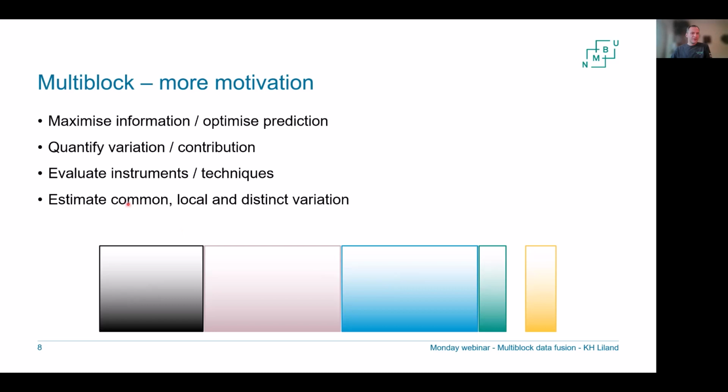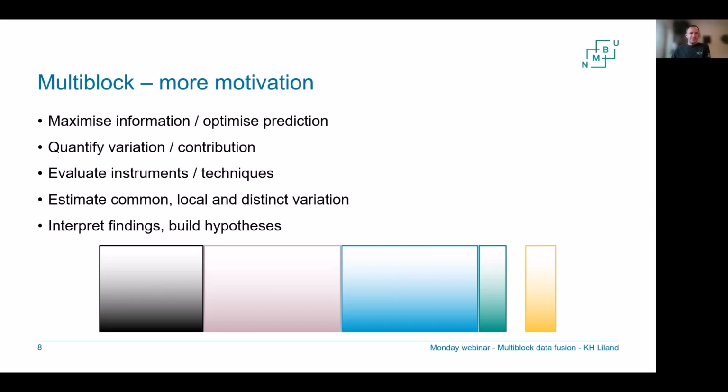So that would be our common components. And then you might find some local components. Maybe FTIR and Raman has something in common that you won't find in NIR. And then you have distinct variation, which is the variation only found in one of these techniques and not in the other ones. And we can try to estimate this with different techniques.